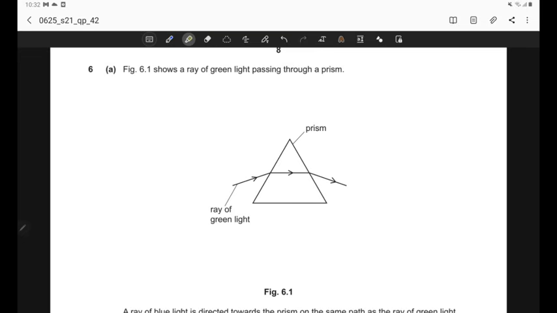6 part A. Figure 6.1 shows a ray of green light passing through a prism. So in the figure we can see that when the ray of green light is passing, instead of going straight, it deviates, or gets refracted, so that it's bent away from the normal and takes a new path at both the surfaces.